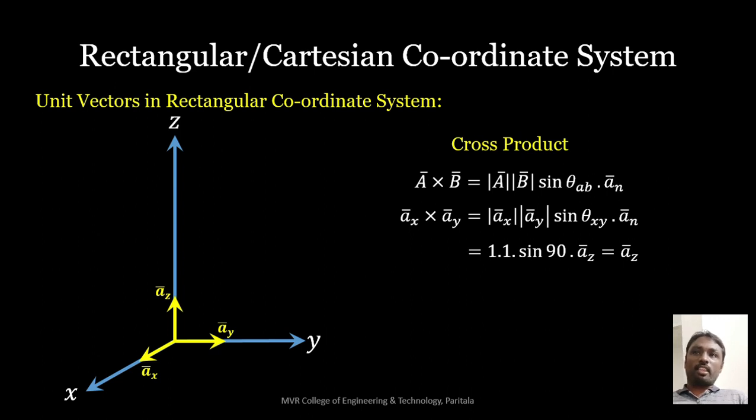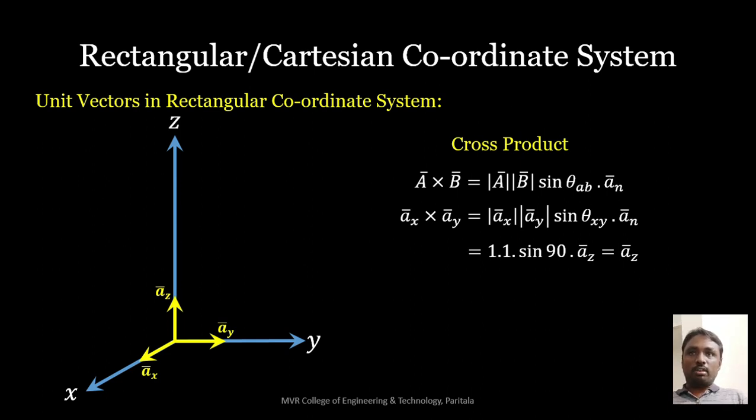Place a screw on the z axis. Now we have to rotate it from x to y, that means in the anti-clockwise direction. X to y means anti-clockwise direction. Anti-clockwise direction means the screw will go in the upward direction. What is the unit vector that lies in the upward direction?